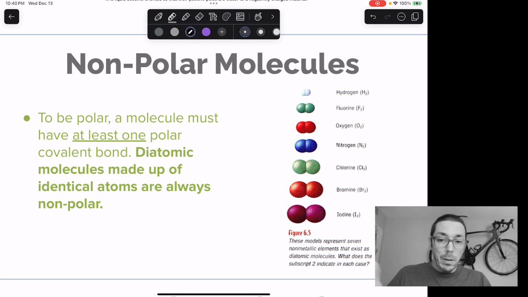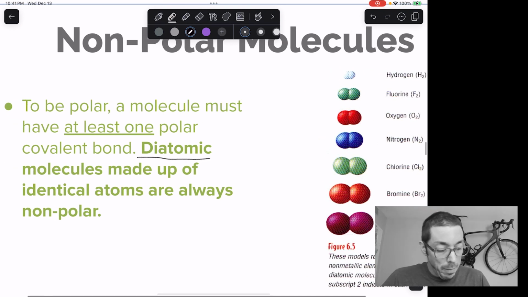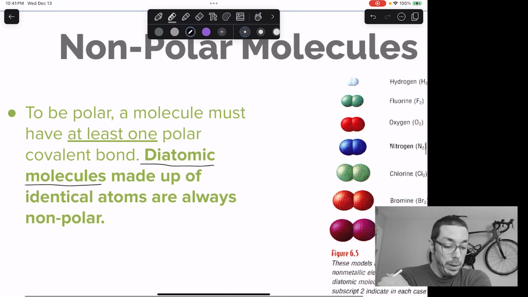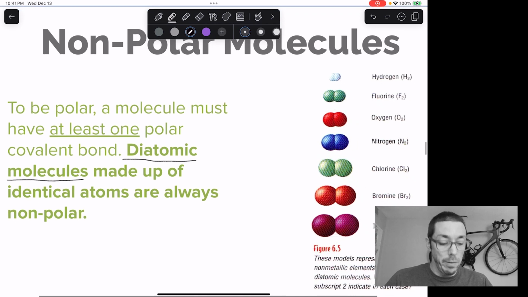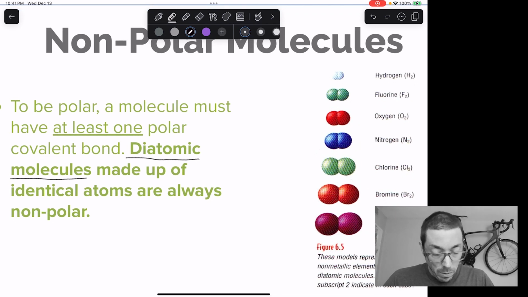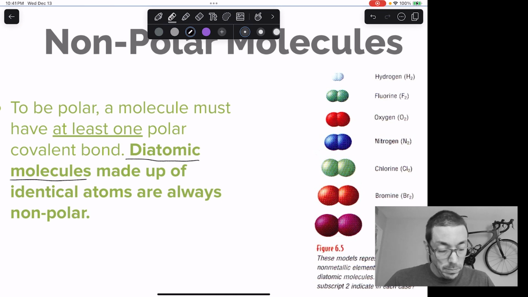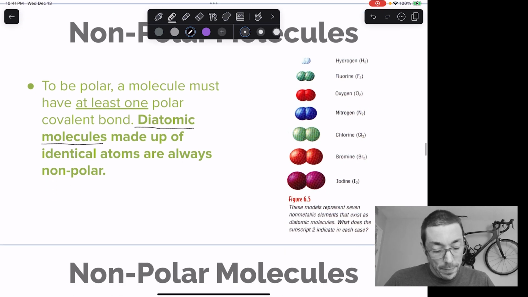It's evenly distributed electron density, and our 7 diatomic molecules that we've looked at many times now are definitely non-polar because they're just made up of the same 2 elements and there's no electronegativity difference. So they are definitely non-polar, and that's important to remember.